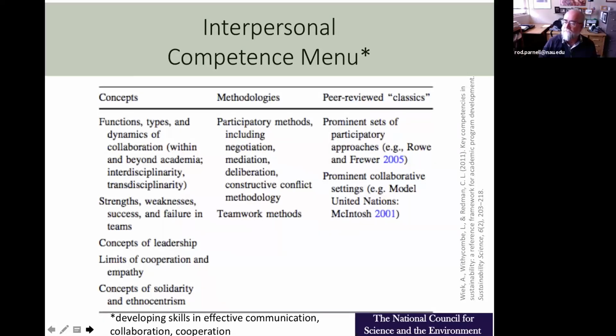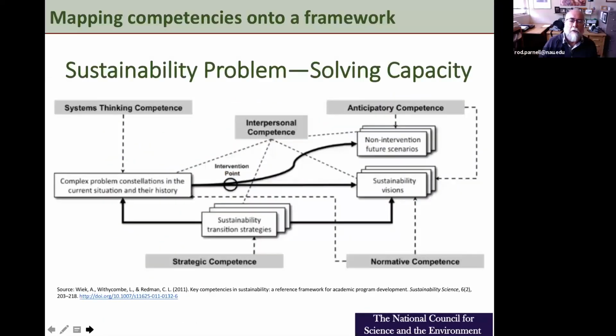interpersonal competence. And so when we take these individual competencies, we can then map them back onto the original sustainability problem solving flowchart that we had before.